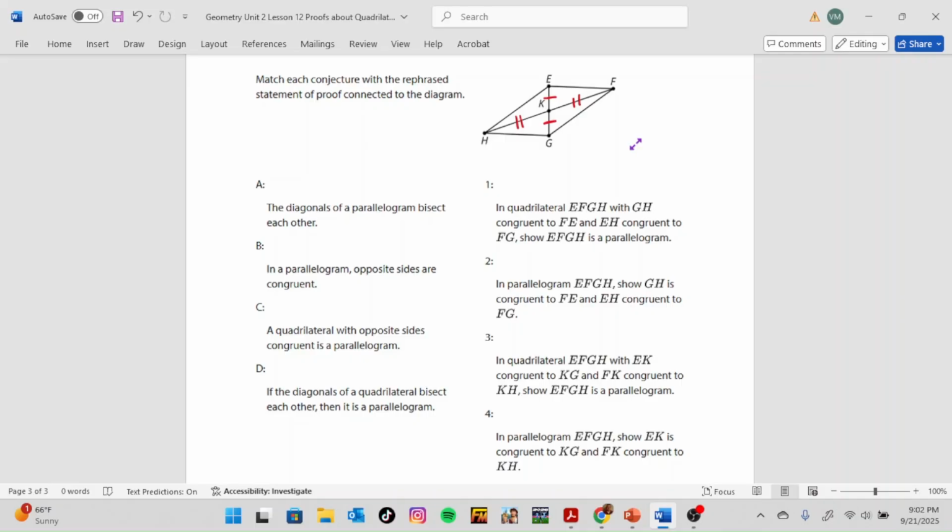Well, if that is true, the line segments with 1 tick mark are congruent to each other, and the line segments with 2 tick marks are congruent to each other, then that does prove the diagonals of a parallelogram bisect each other. So A is going to match number 4.